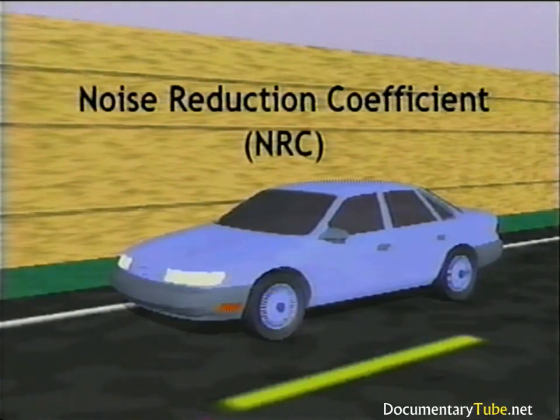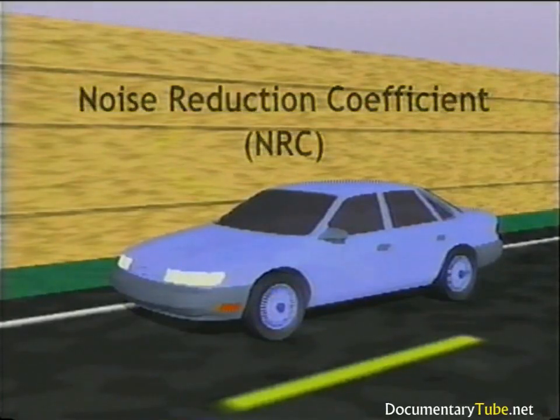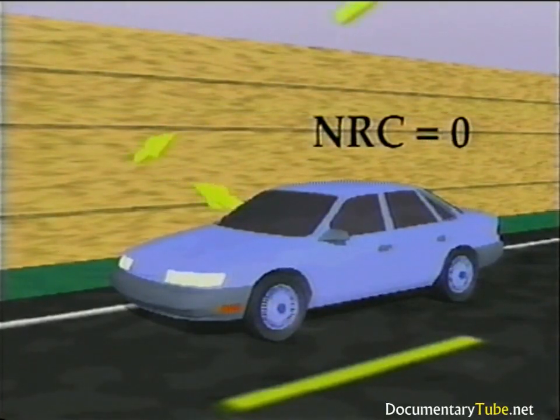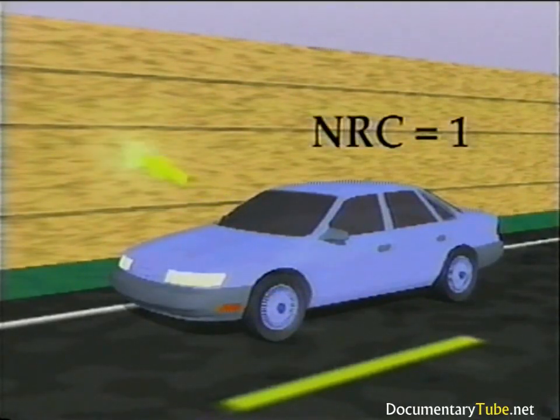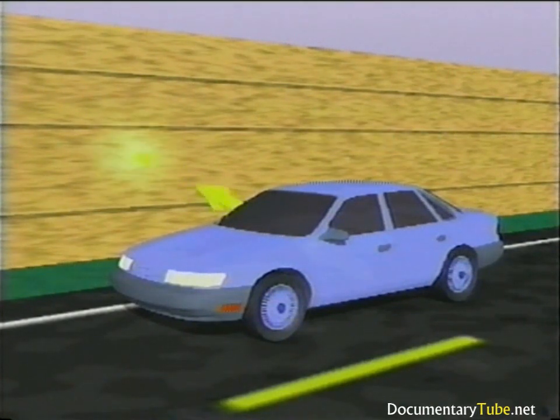Noise reduction coefficient values are based on an average of absorption coefficients at individual frequencies and theoretically range from 0 to 1. 0 indicating that the surface is totally reflective, or that there's no absorption, and 1 indicating that the material is totally absorptive. NRC values for an absorptive barrier generally range from 0.6 to 0.9.